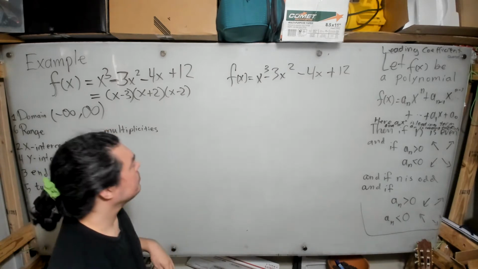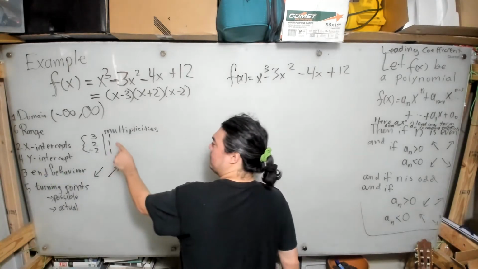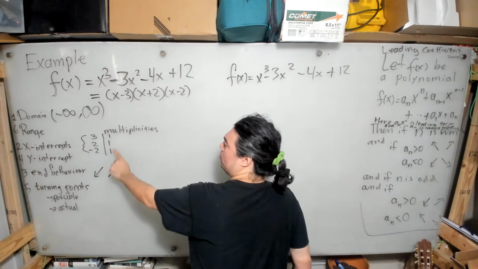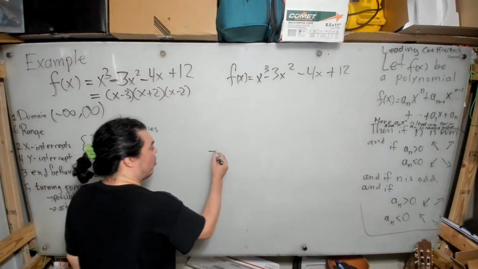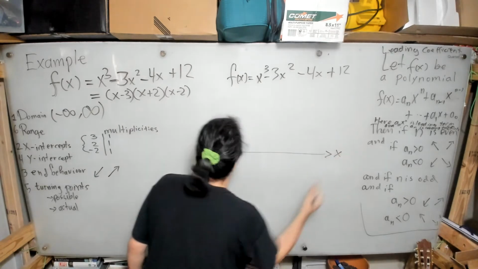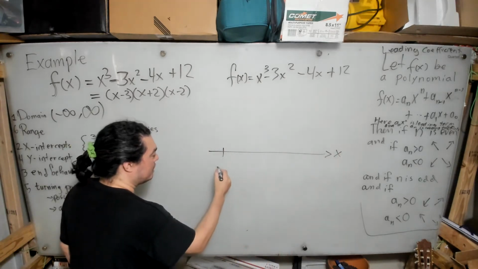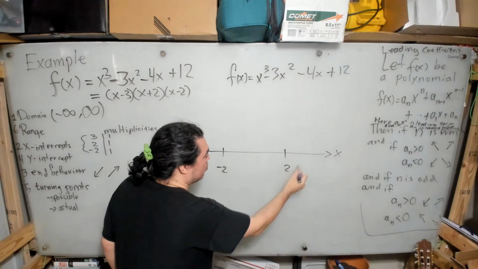So for example, from the fact that I have the x-intercepts and I have all their multiplicities and I know they cross everywhere and I know the end behavior, then if I imagine that I draw the x-axis like this, let's say this is -2, over here this is 2, over here this is 3.